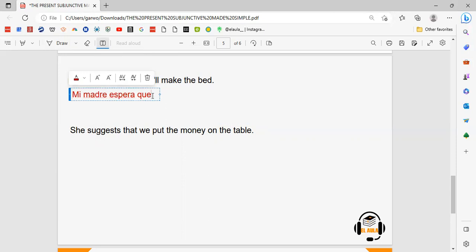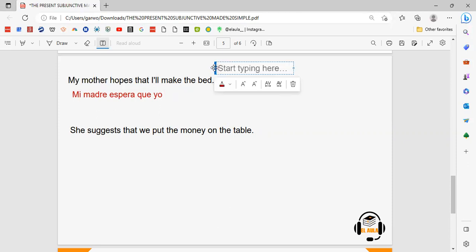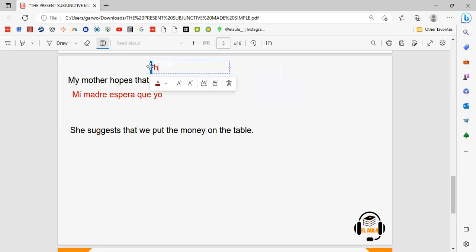So we see that there's a change of subject from my mother to me, right? So same procedure now. We're going to think about the yo form in the present tense of the verb that we're using. And as a reminder, the phrase for to make the bed essentially is hacer la cama.